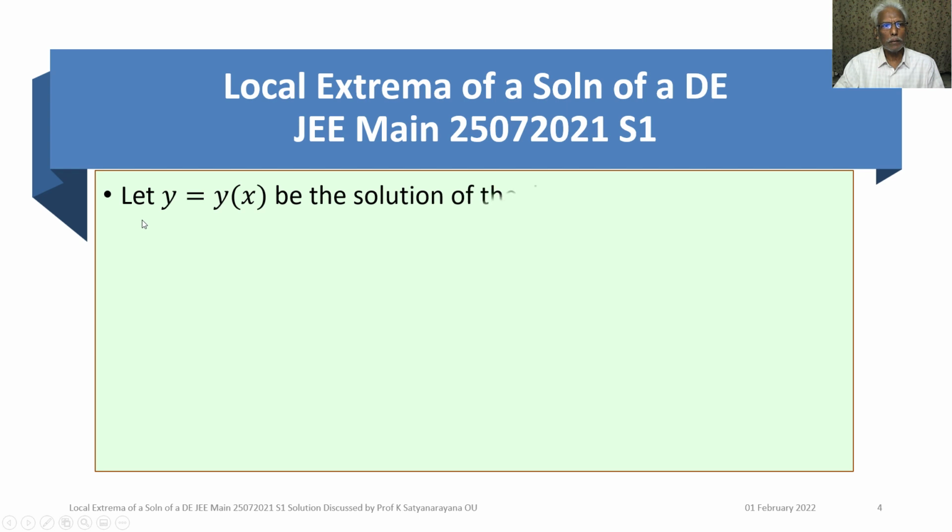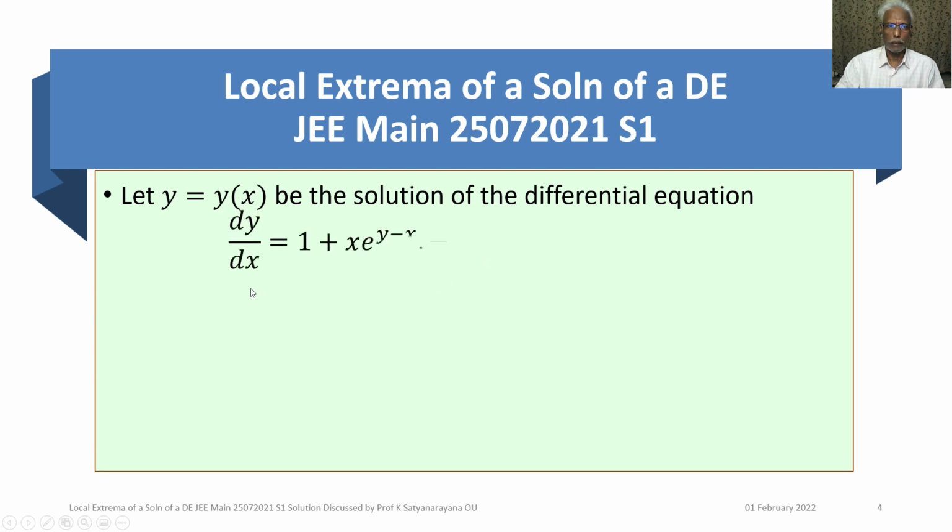The problem is, let y = y(x) be the solution of the differential equation dy/dx = 1 + x e^(y - x), where x lies between minus root 2 and plus root 2, that is, -√2 < x < √2, and the initial condition is y(0) = 0.